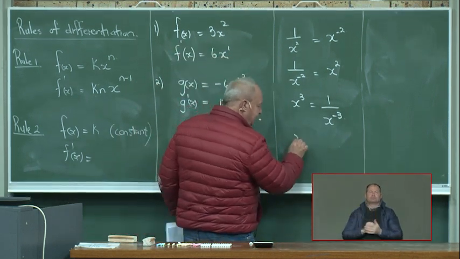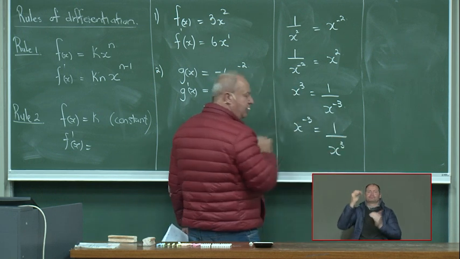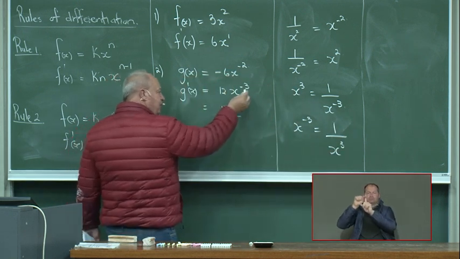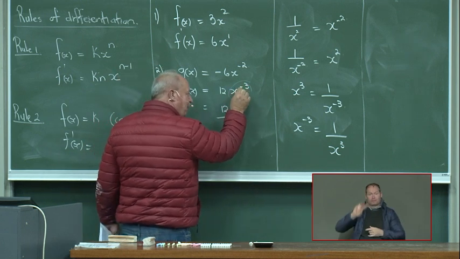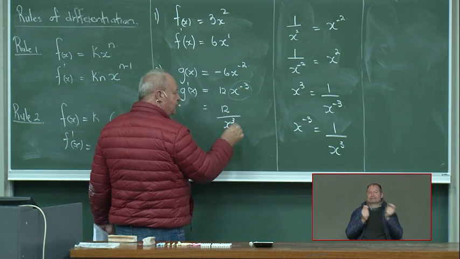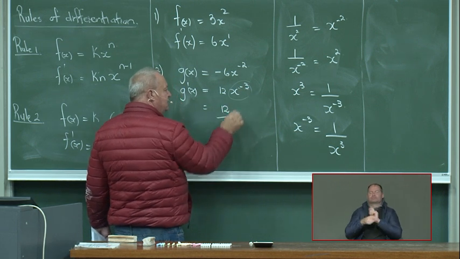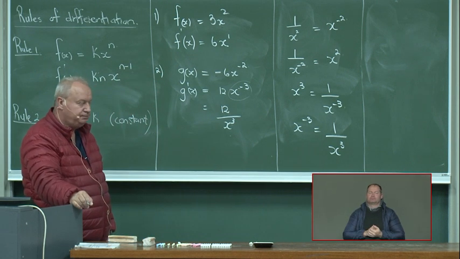So if this here is in the numerator and I want to write that exponent as a positive number, then I can take it to the denominator and the sign will change. Does it make sense? Are you with me?